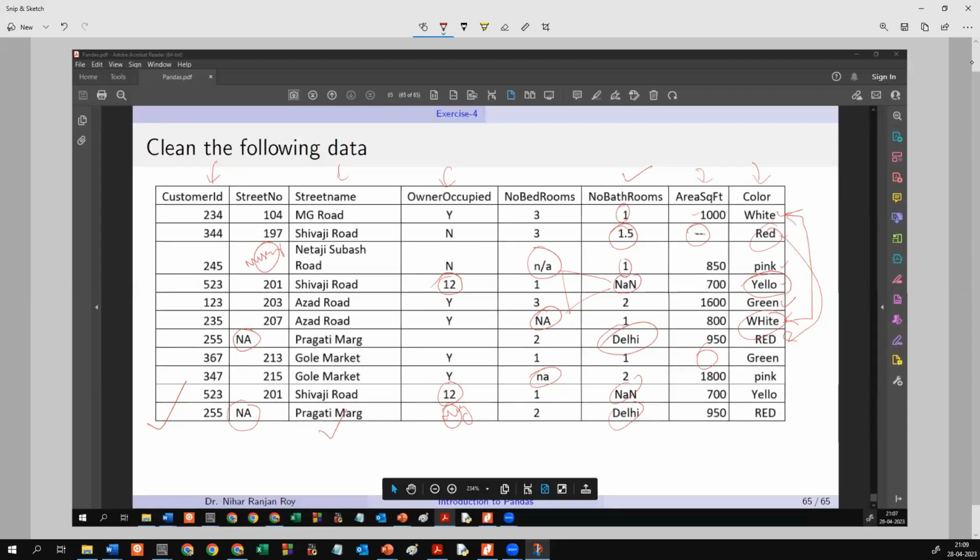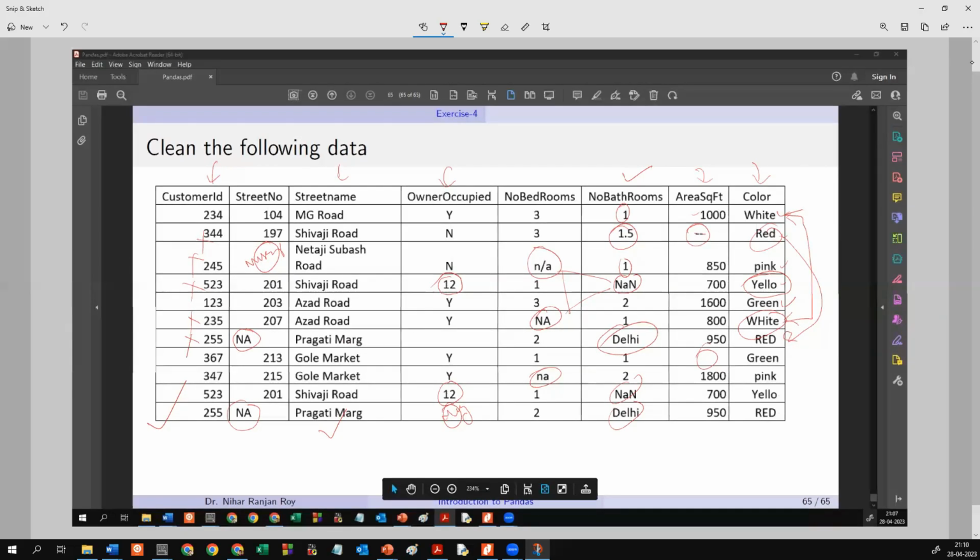Now, the option is that if the data is incomplete, you delete it. The simplest answer is that if the data is incomplete, you delete it. So you see how many rows you will delete. This is gone. This is gone. This is gone. This is okay. So this is gone.